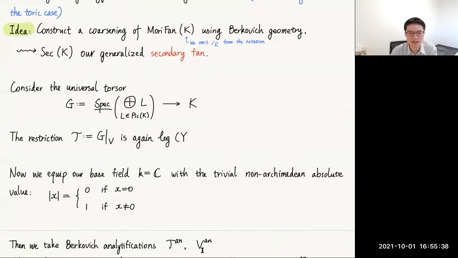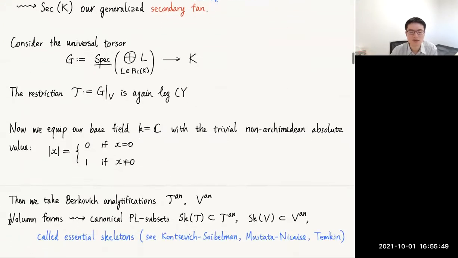And what's really nice here is that we are working with Calabi-Yau or log Calabi-Yau varieties. We have volume forms. And these volume forms give rise to canonical piecewise linear subsets inside these analytic varieties. We denote them by Sk(T) and Sk(V). They are called essential skeletons, and they were proposed by Kontsevich-Soibelman and later generalized by Mustață, Nicaise, Temkin, and many other authors.